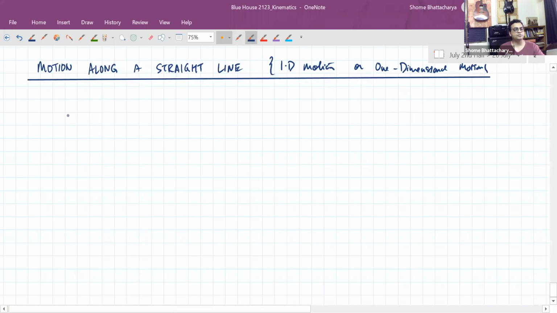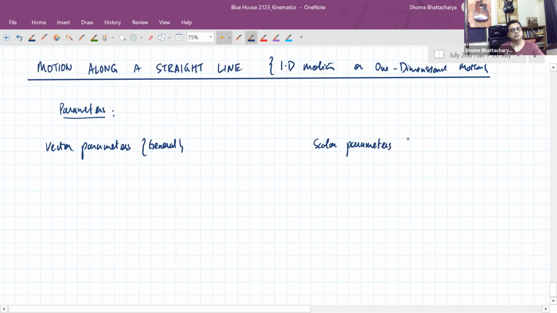So we'll see that all the parameters we will switch from vector parameters, which is for the general definition, to scalar parameters, or actually it is still vectors, but we'll call it scalar notation, which is specifically for 1D motion.